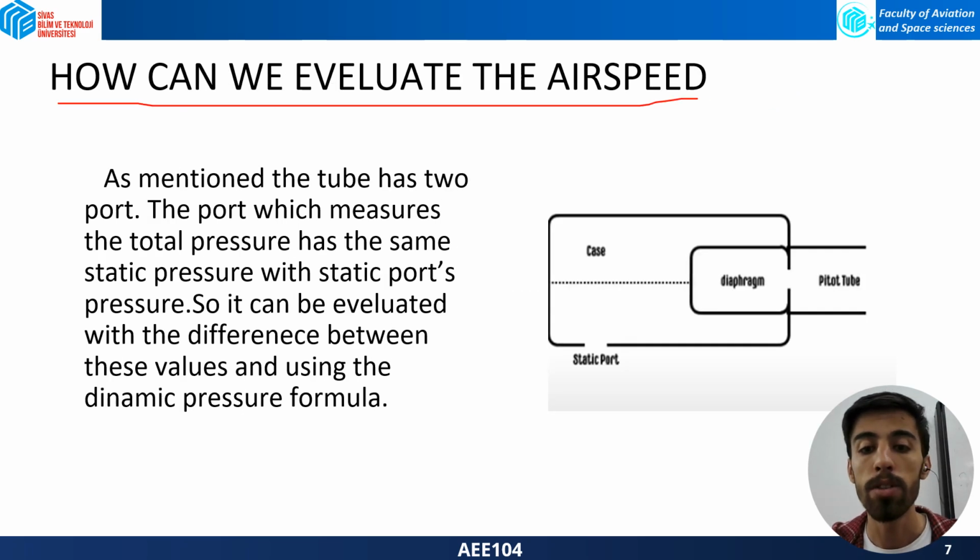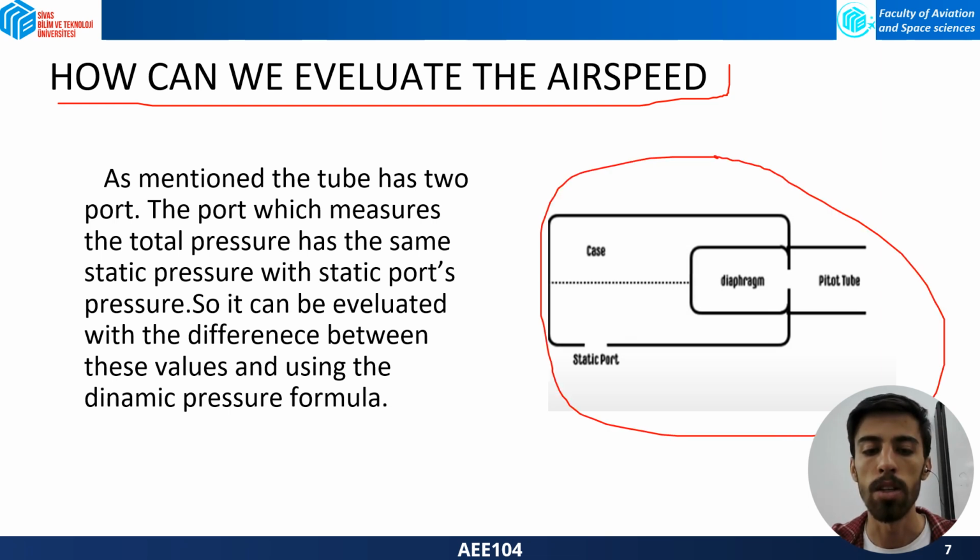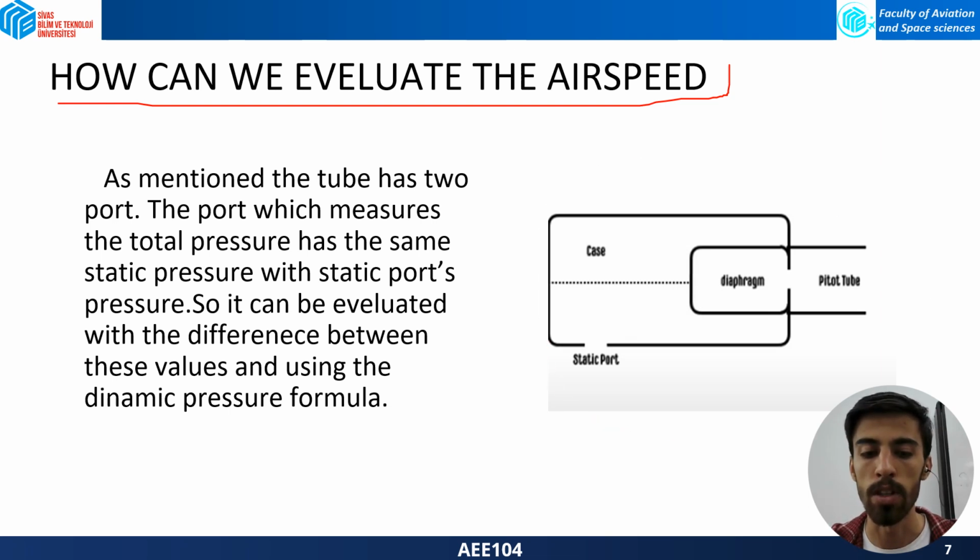How can we evaluate the airspeed? I showed this diagram before this page, and we can understand it better. This is the port that measures the static pressure, and this is the diaphragm that measures the total pressure, which includes the static pressure plus the dynamic pressure.